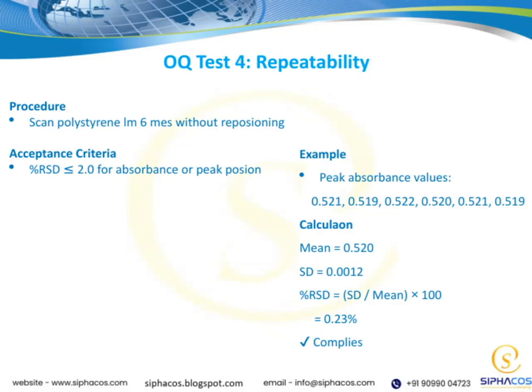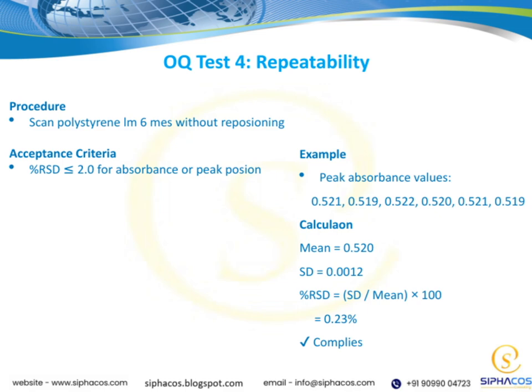Let's look at this example of peak absorbance values. We have 6 measurements: 0.521, 0.519, 0.522, 0.52, 0.521, and 0.519. The goal here is to assess the repeatability of our instrument. To do that, we first calculate the mean, which in this case is 0.52.